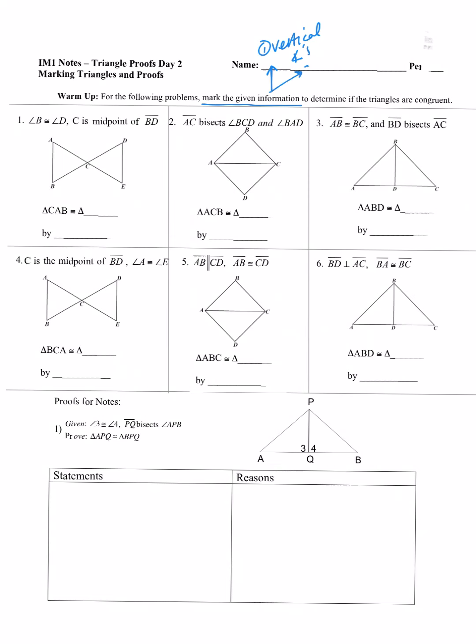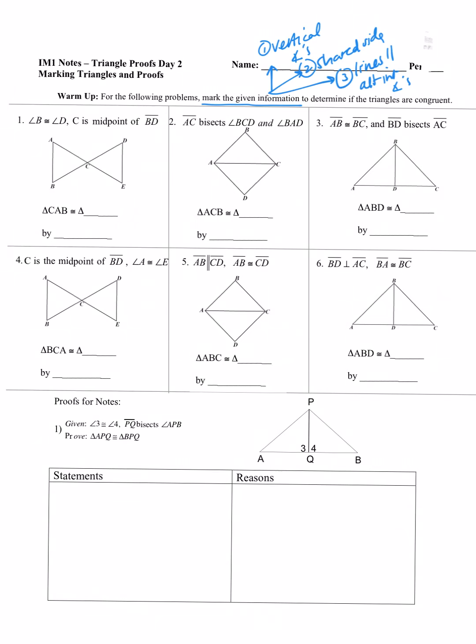Number 2, you check for a shared side. And if it's given that lines are parallel, we look for alternate interior angles. So right now, take the time to do numbers 1 through 6, pause the video, and when you play it again, all the answers will appear for you to check.